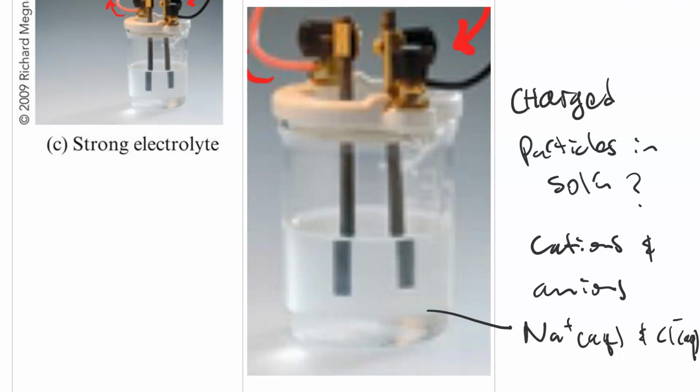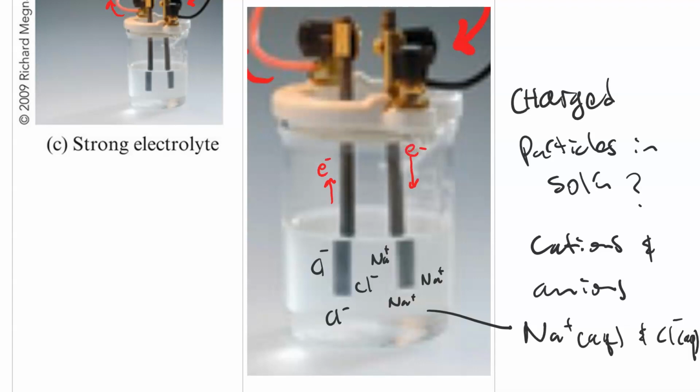And as the electrons come through, the Na+ ions cluster around that negative electrode called the cathode, and the Cl- ions cluster around the other electrode, which creates a charge difference, which causes electrons to flow.